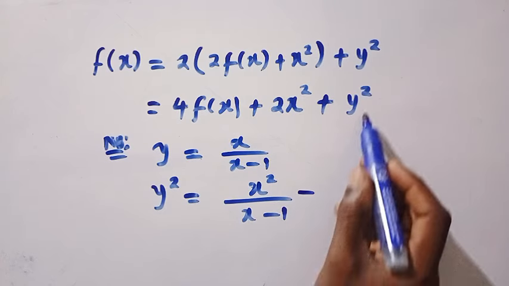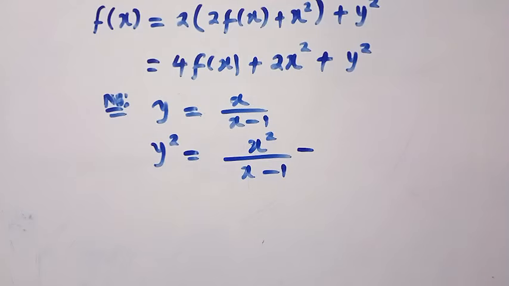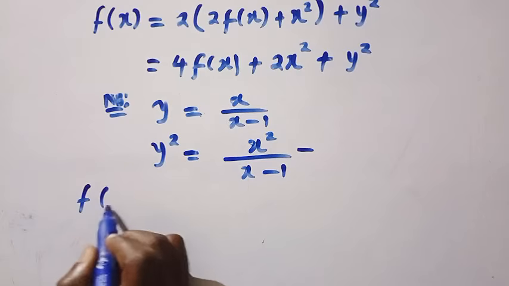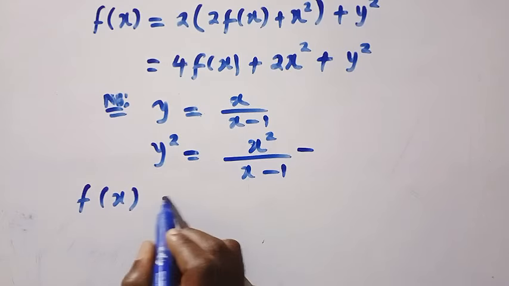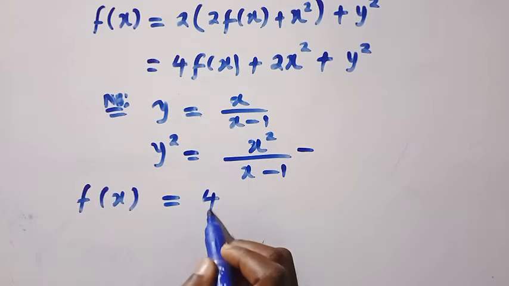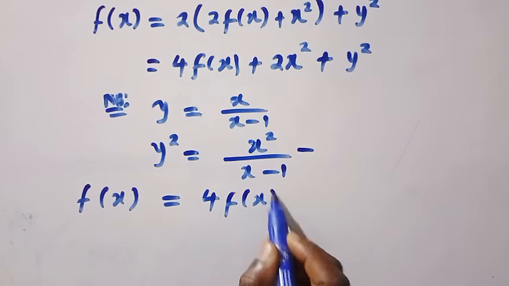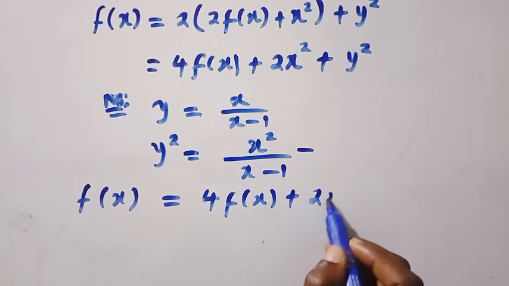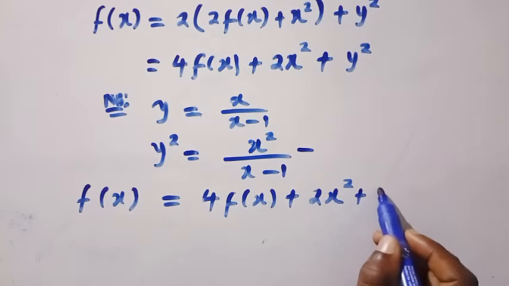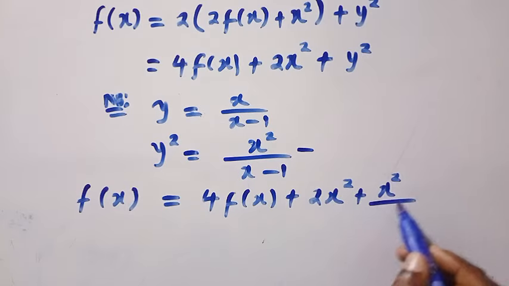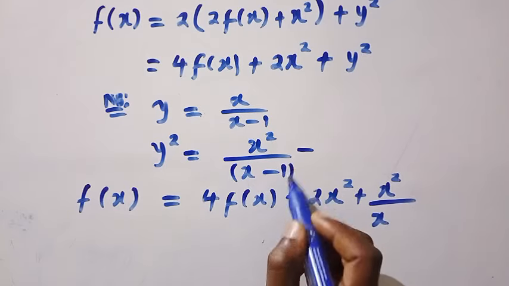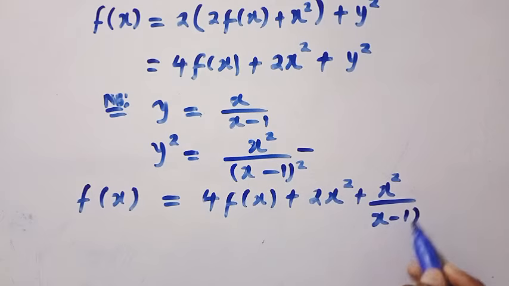Substituting this for y squared, our equation becomes f of x equals 4 f of x plus 2x squared plus x squared over x minus 1 squared.